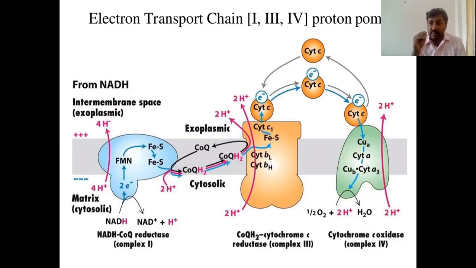Just write it: the movement from NADH plus H plus directly to coenzyme Q, and FADH2 to coenzyme Q.